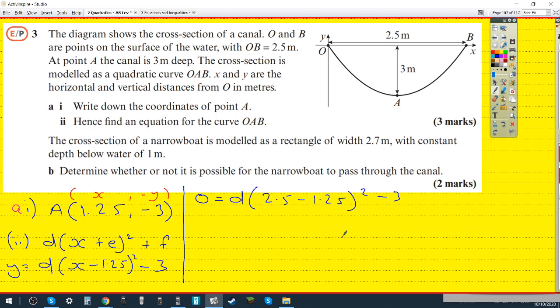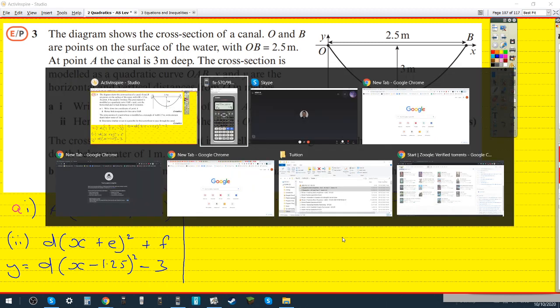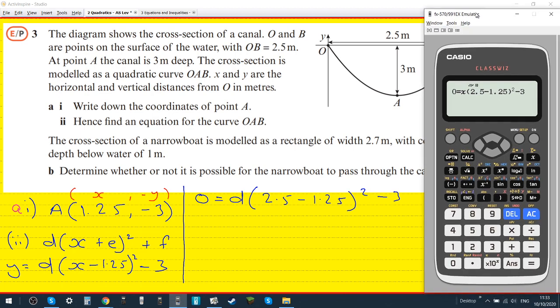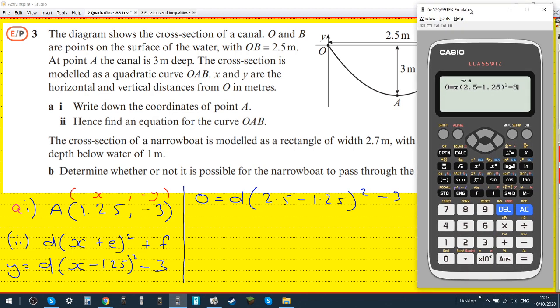So it'd be 0 equals x, because I don't know what d is. Yeah. And then open brackets 2.5 minus 1.25 close brackets squared minus 3. And then, is it shift and solve, right?